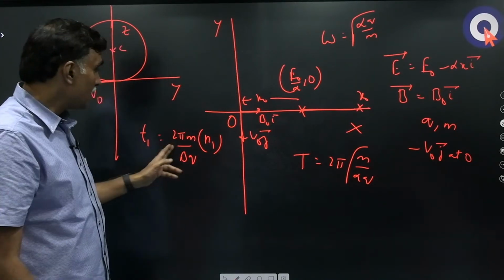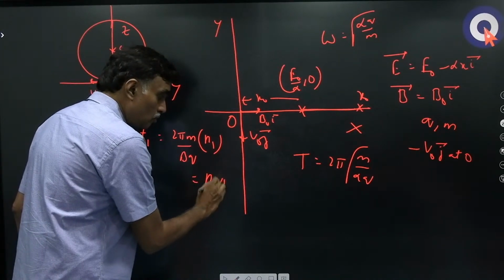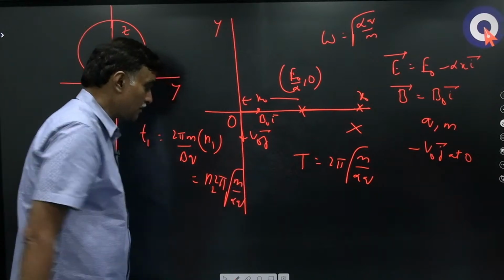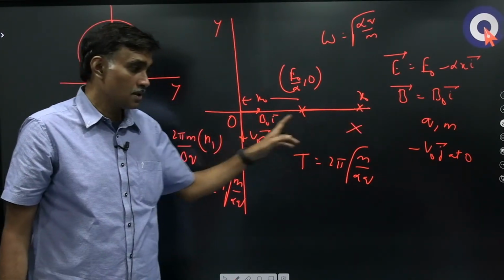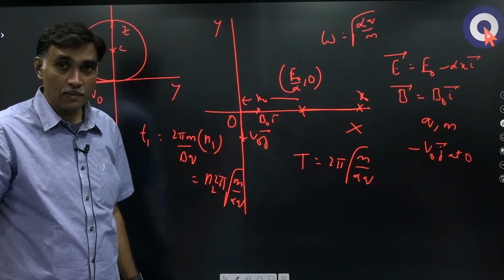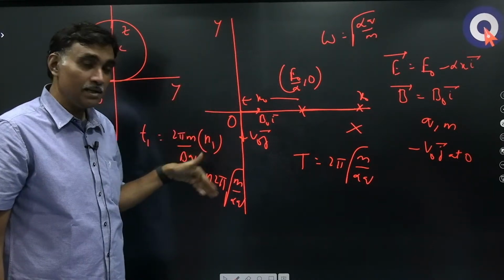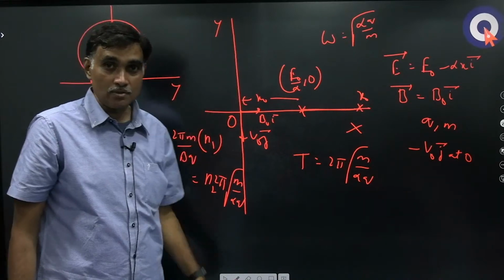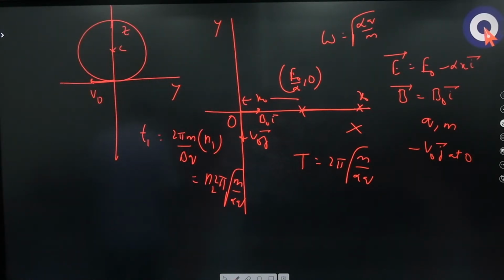So n1 into 2 pi m by Bq should be equal to n2 into 2 pi root m by alpha q. That is the relation. Each time it completes one oscillation it will be at the origin because of SHM, but it may not be at the origin unless in that time it completes an integral multiple of circles. Followed? So that is the relation.